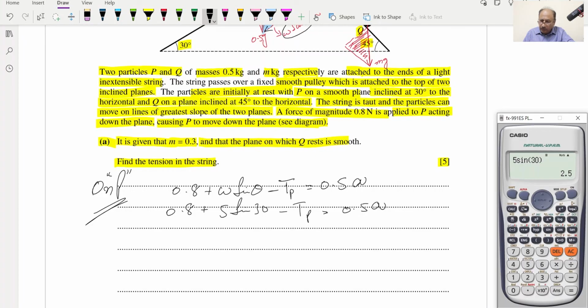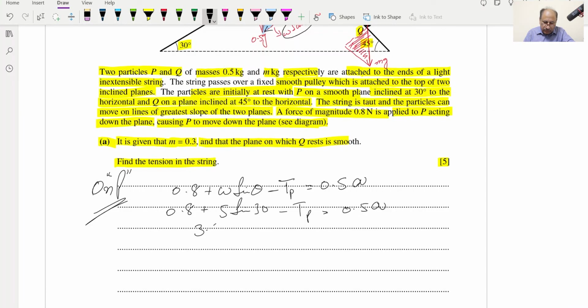So 2.5 plus 0.8 plus 0.8 will be equal to 3.3. So this is 3.3 minus TP is equal to 0.5 A.